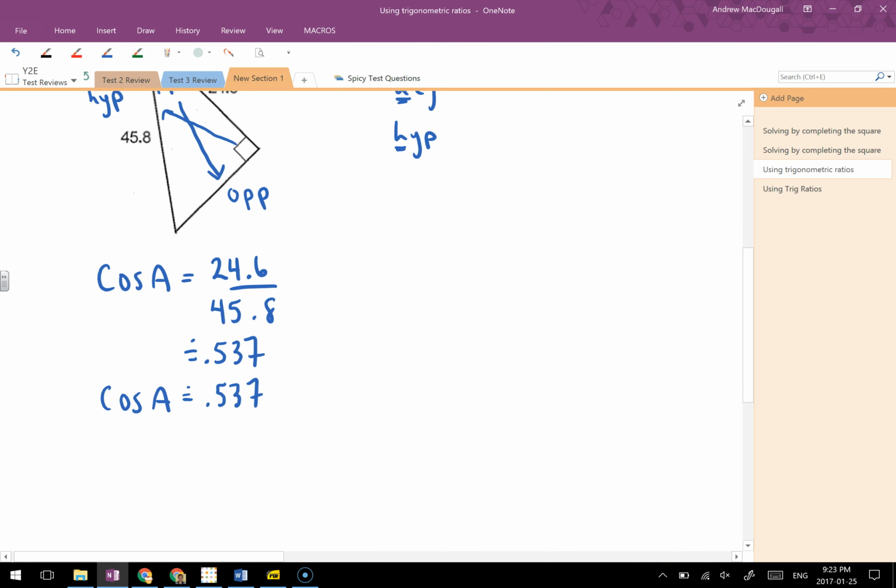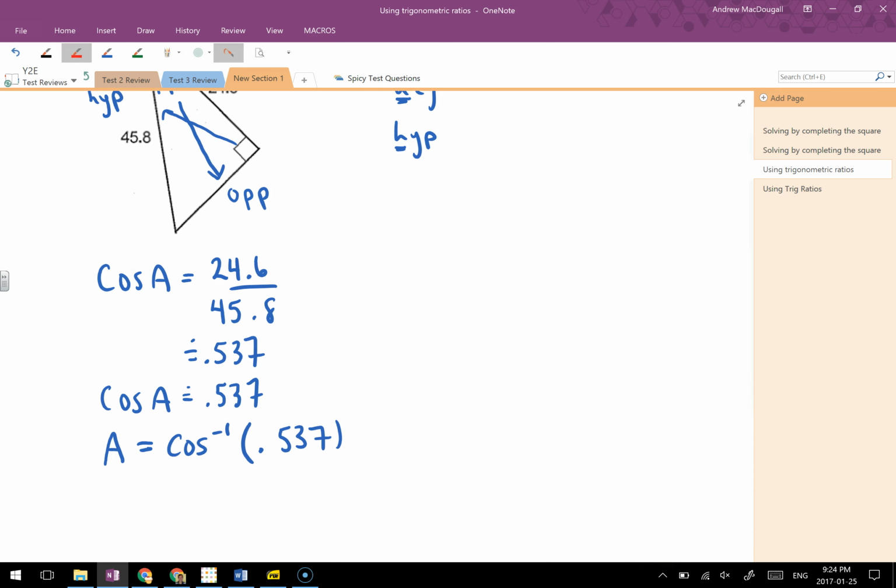Now, your calculator not only has all the trig ratios stored, it also knows, if you give it a trig ratio, what angle is associated with that ratio. And the button on your calculator that can give you the angle if you know the ratio is, in the case of cosine, cosine with a little -1.